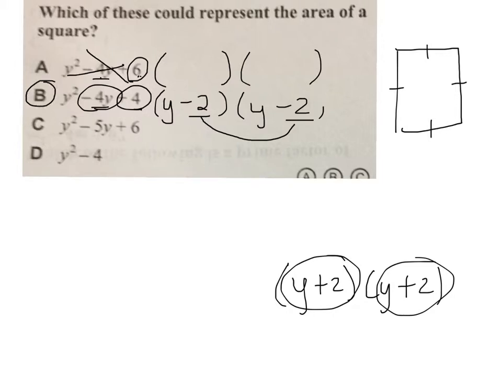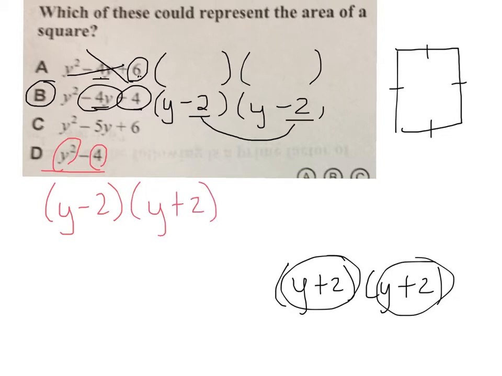Now, what most of you probably picked is what? C. Well, most of you picked D. And you thought, well, that's a difference of what? Squares, so it must be a perfect square, right? Well, y squared is a perfect square, and 4 is a perfect square, and there's a minus in the middle. So this factors to be y minus 2 times y plus 2.